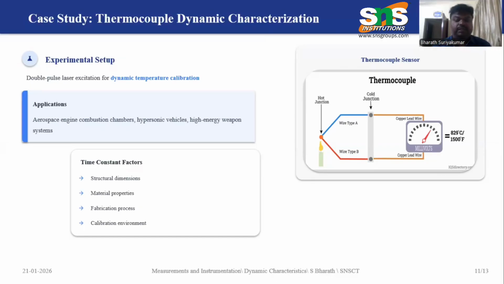The various factors involved in this measurement are structural dimensions, material properties, fabrication process, and calibration environment. This is applied in aerospace engine combustion chambers, hypersonic vehicles, and high energy weapon systems.